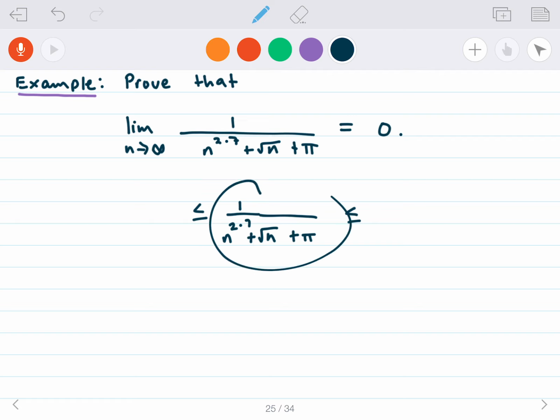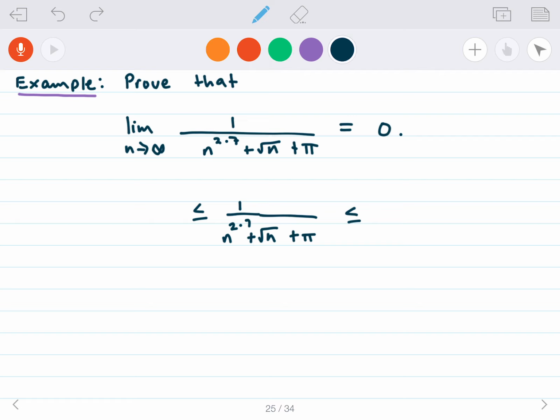So what is this guy less than or equal to? Can you think of a sequence that this guy is going to be smaller than or equal to? Well, look at the denominator. The denominator is always going to be a positive number because little n is a natural number, hence always positive.